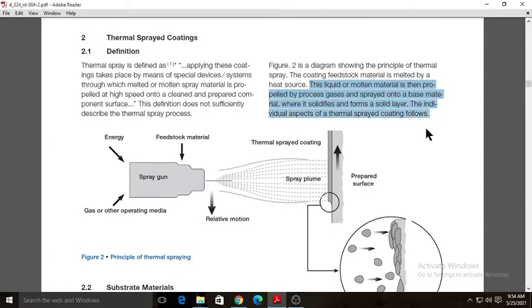These are the individual aspects of a thermal spray coating. Okay, so this molten feedstock material is propelled, or forced, onto this prepared surface, and it gets solidified there and produces the coating.